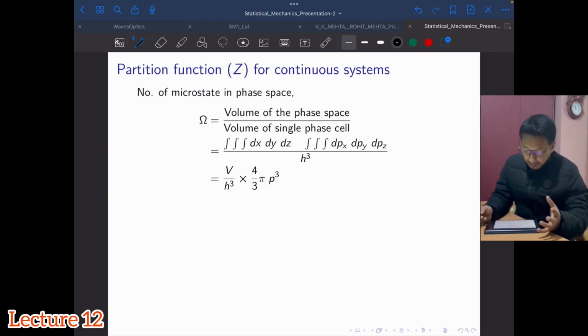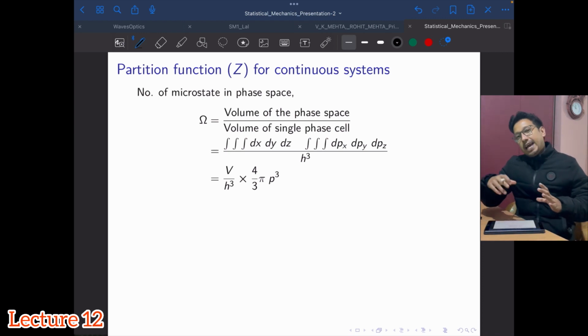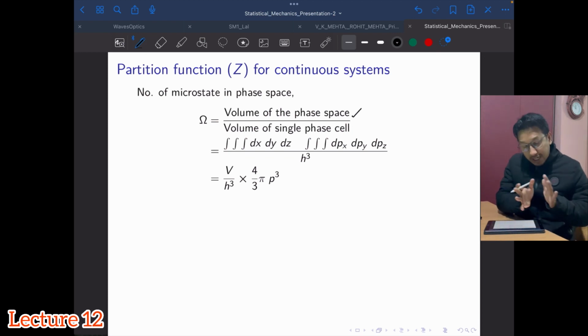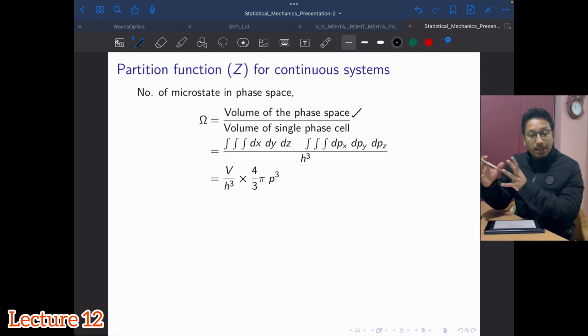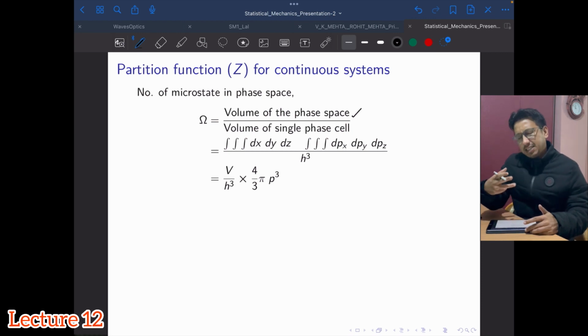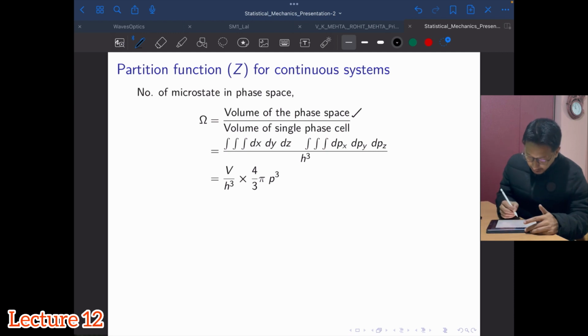So you have to integrate over the entire space to get the volume of the phase space. You integrate dx dy dz over the position coordinate axes, over the entire volume, and also over the momentum space, that is, over the space spanned by the three mutually perpendicular momentum axes.